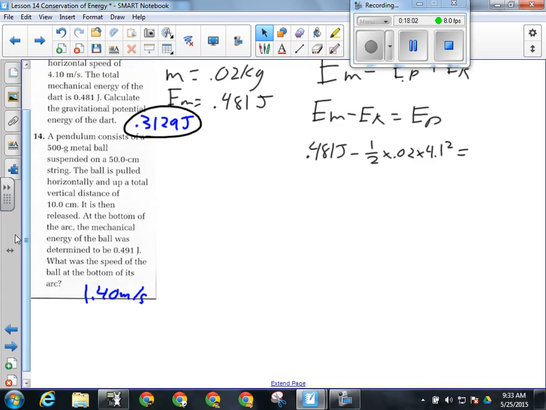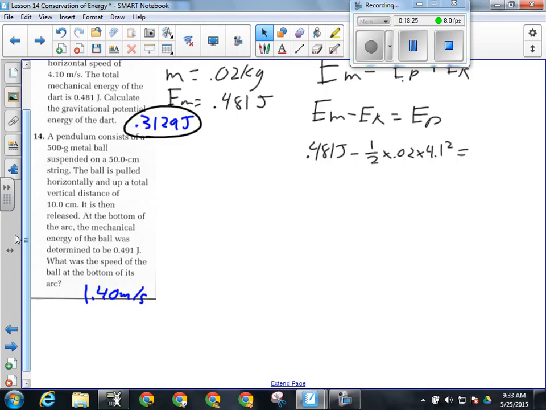Well, that means the mechanical energy everywhere along that arc is 0.491 joules because the initial mechanical energy equals the final mechanical energy anywhere along that arc. The only thing that changes is how much of that 0.491 joules is kinetic and how much of it is potential. Everyone follow me there?